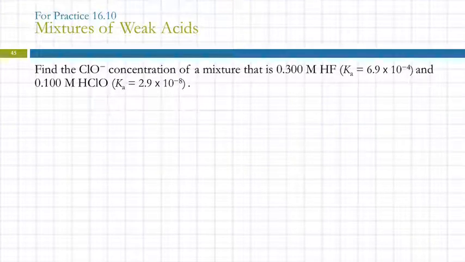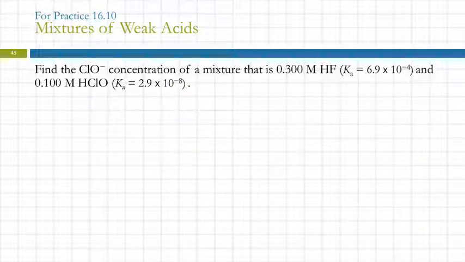Okay, let's find the hypochlorite ion concentration of a mixture that's 0.3 molar HF and 0.1 molar HClO. So we have 2 weak acids here. The Ka for this one is 10 to the minus 4. The Ka for this one is 10 to the minus 8.